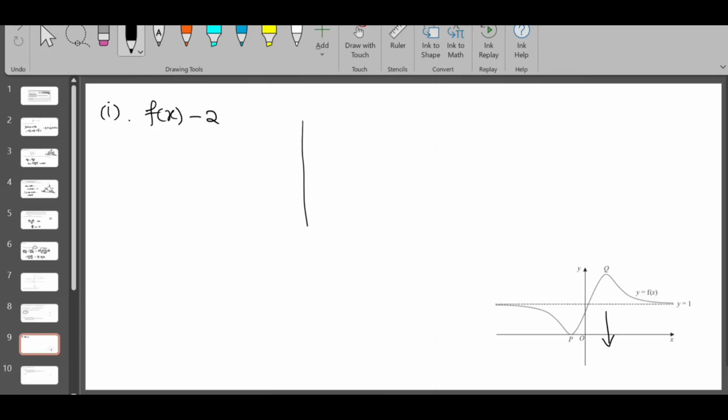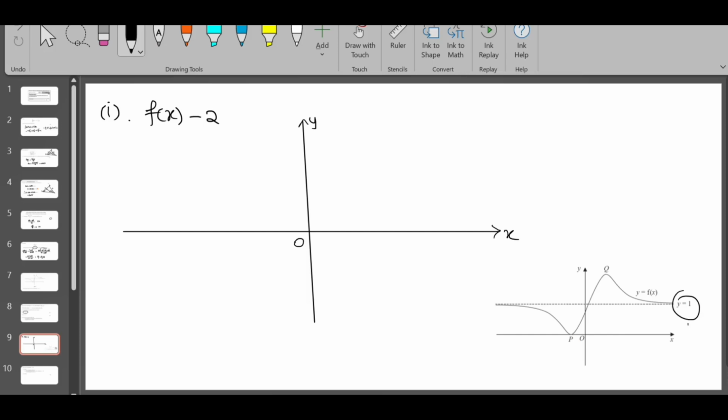So I'm going to draw the x-axis and y-axis first, with the origin. First I'm going to move this asymptote 2 units down. So y equal to 1 minus 2 becomes minus 1. So I'm going to draw y is equal to minus 1 here first.